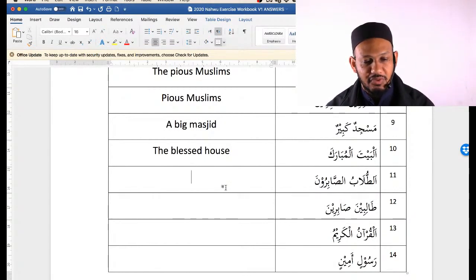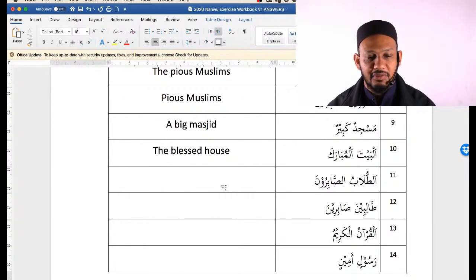الطلاب الصابرون. We'll notice that الطلاب there is a plural. The single is talib. So الطالب is the student, الطالبان is the two students, and الطلاب is a broken plural, and الصابرون is a sound masculine plural. So it doesn't matter the type of plural, they're both plurals.